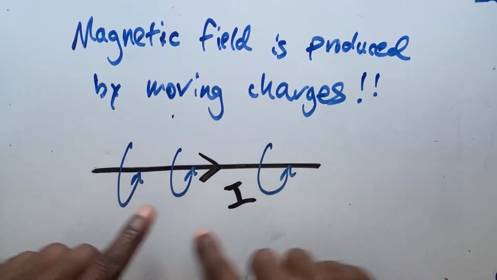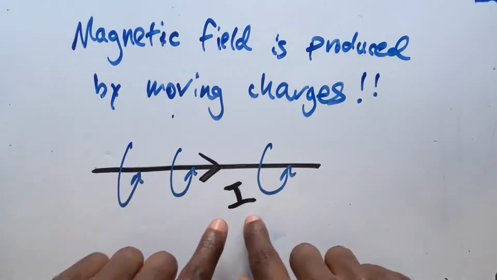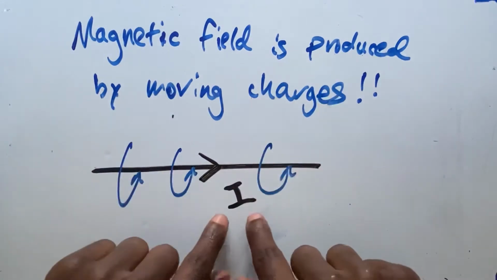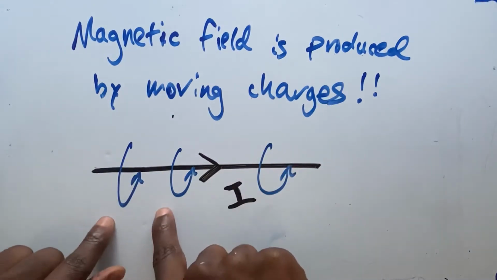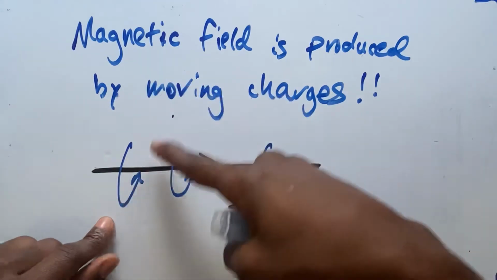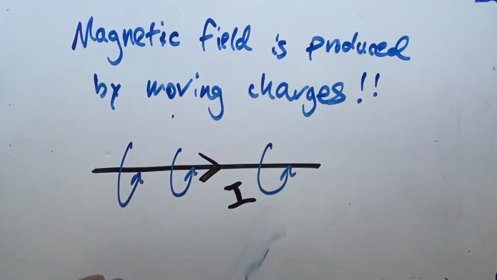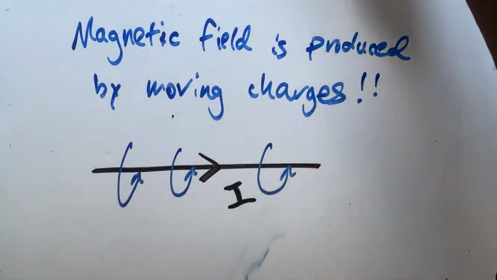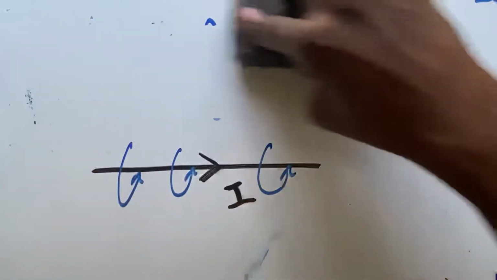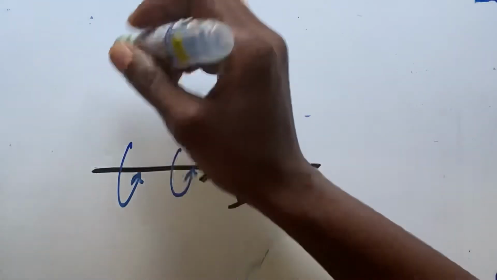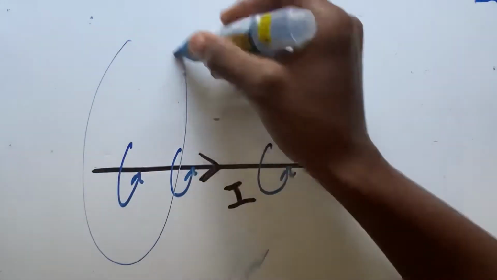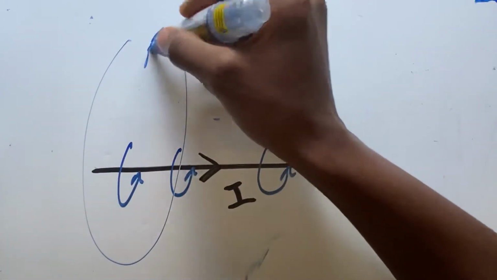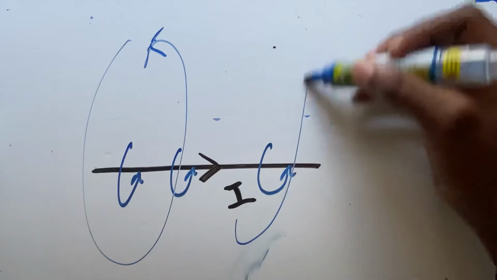So this wire, since it has some current or moving charge, is going to produce a magnetic field that rotates around it circularly, and it's going to emanate outwards. So it'll be out here as well, going in that same direction.